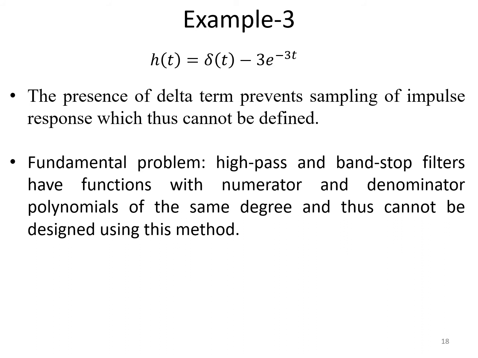So the fundamental problem: high pass and band pass filters have functions with numerator and denominator polynomials of the same degree, and thus cannot be designed using this method. So those transfer functions which have numerator and denominator polynomials of the same degree, and in their partial fraction expression there is a constant, then this method cannot be used.